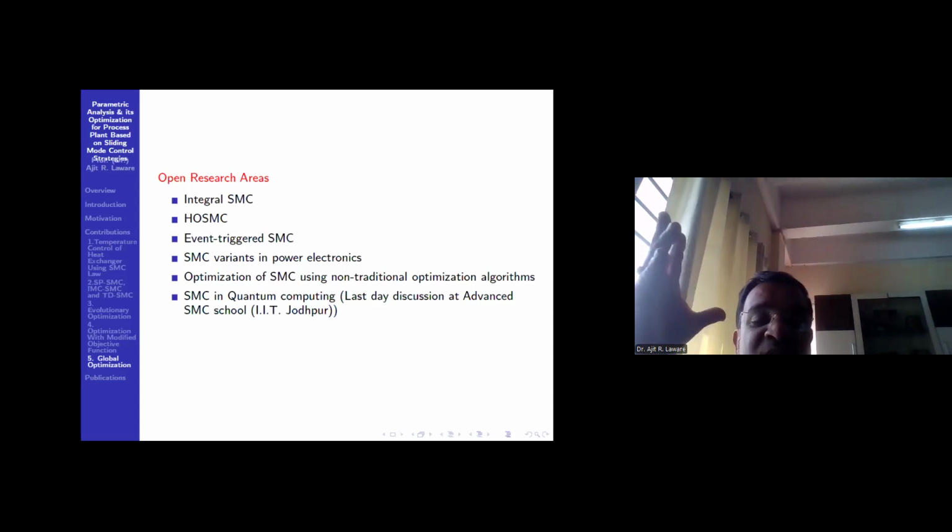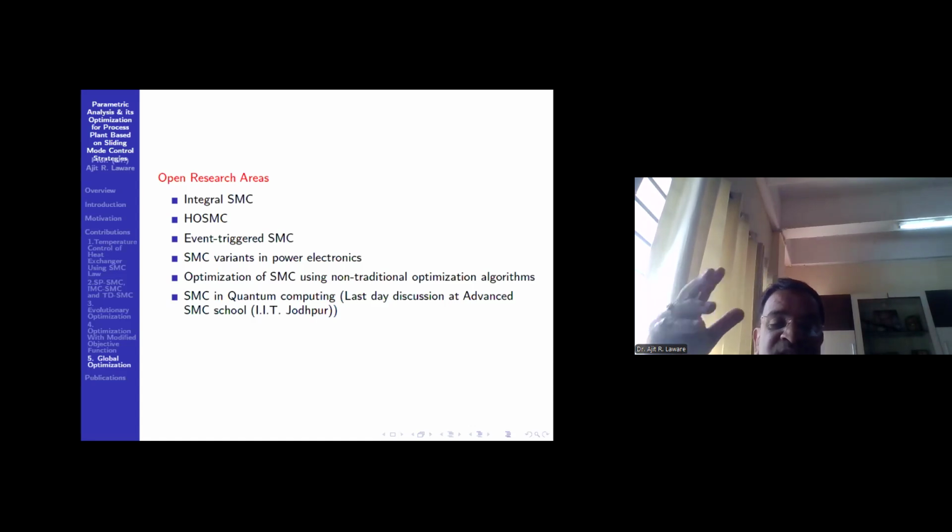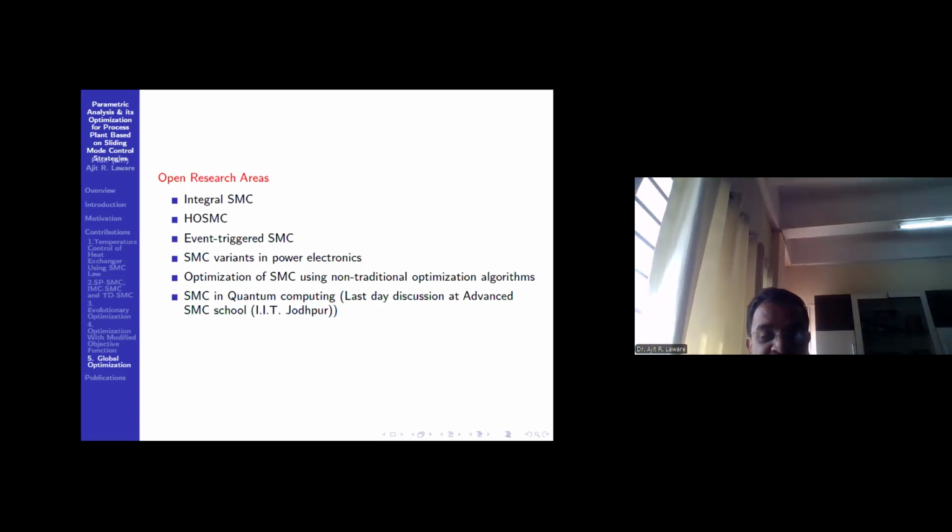SMC variants in power electronics were discussed by Professor Deepak Fulwani sir, and optimization of SMC using non-traditional optimization algorithms by Sarah Swarjan madam, the inventor of sliding mode control, and Friedman sir.